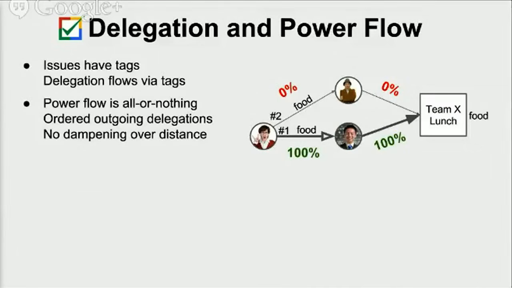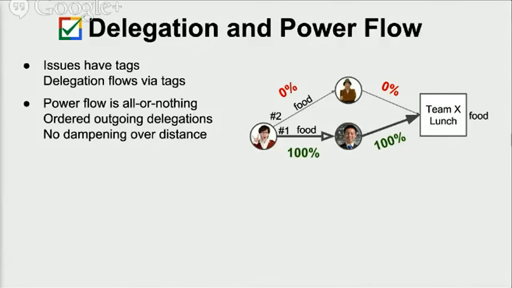but imagine that instead, one of them is food and the other one is budget, and the lunch is so expensive that the issue is tagged both food and budget, because you have to vote on how much money you're going to spend for lunch. In this case, the way I resolve that is I use a per-user global ordering. This number one, number two thing is actually per user, not per delegation tag.